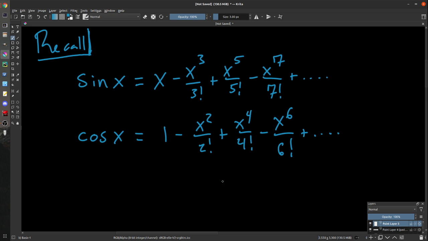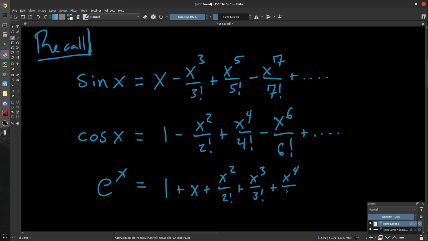All right, good stuff. This is a great little formula that we're going to use quite a bit here. You also remember that e to the x had a nice series representation: 1 plus x plus x squared over 2 factorial plus x to the 3rd over 3 factorial plus x to the 4th over 4 factorial and so on, right?